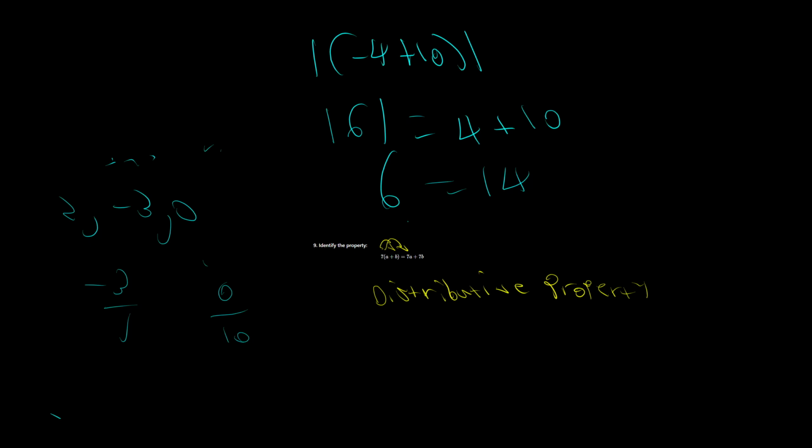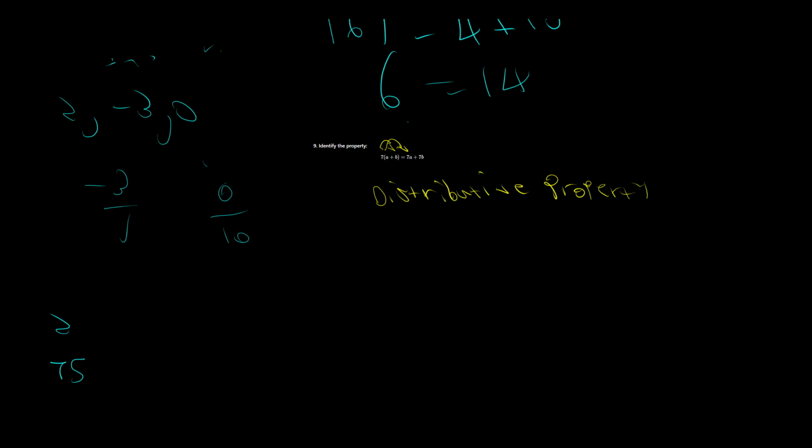Okay. Question number 10. Another one. People usually skip out on this property because it's so basic. I mean, it is, but most of them don't memorize it. (3 plus 5) plus 7 is equal to 3 plus (5 plus 7).